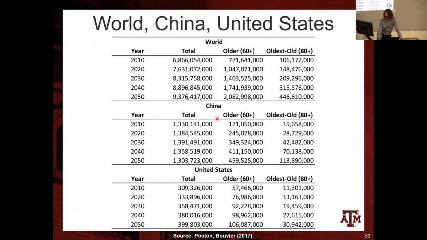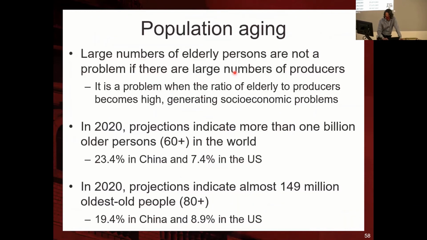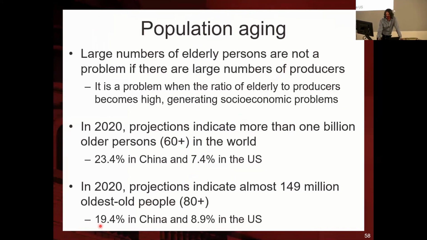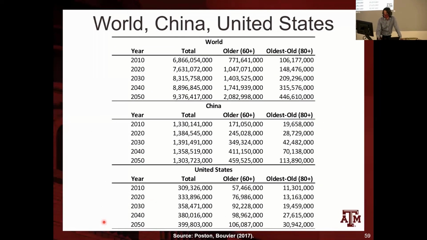So I just got in China this number here, 245 million, divided by 1.04 billion in the world, we get 23.4%. Okay? And 28 million divided by 148 million, you have the 19%. And I did the same thing for the US comparing to the world.